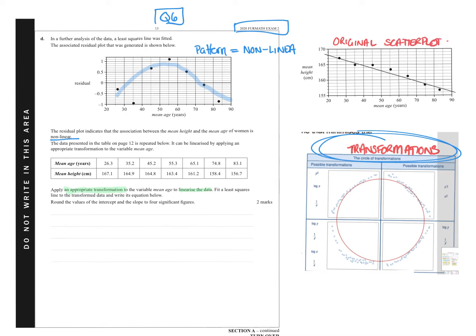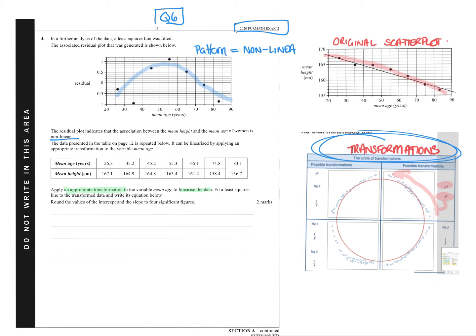We look at this original scatter plot and it looks like part of a curve. So we're going to say it looks like this part of our transformation circle. So therefore an x squared or a y squared would be appropriate.